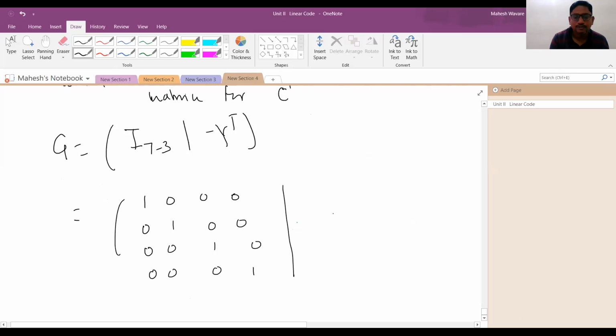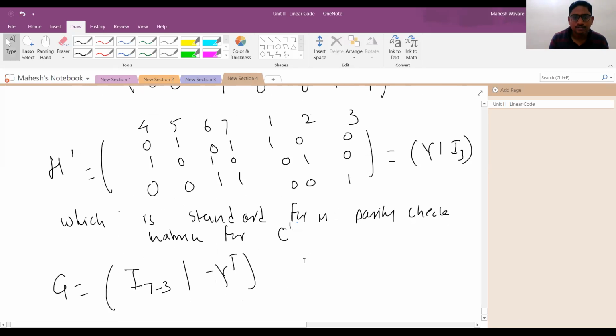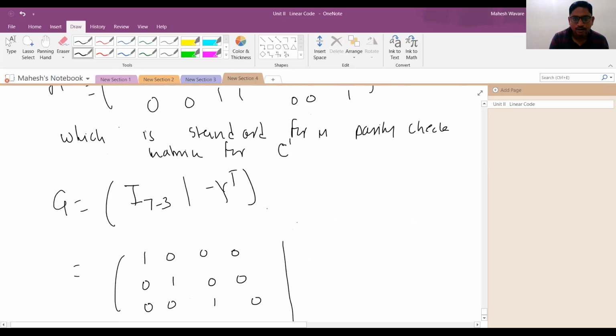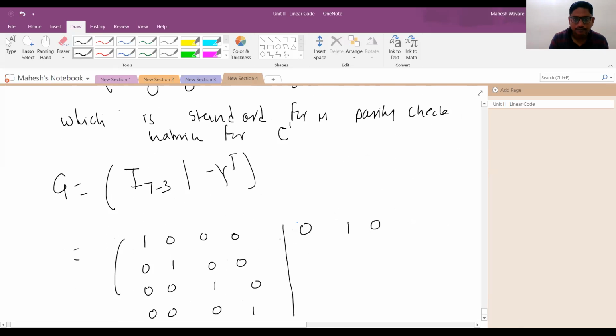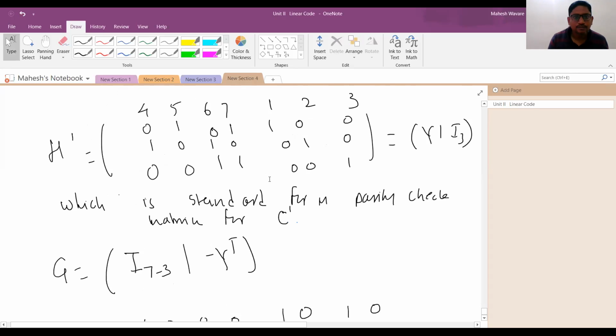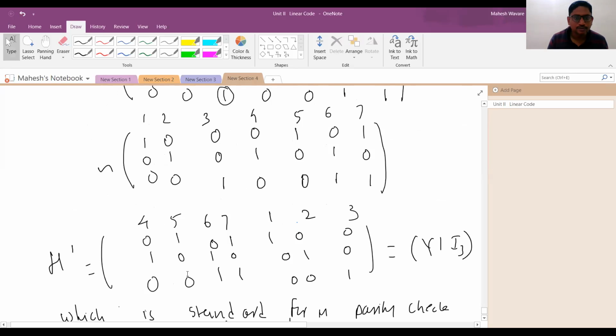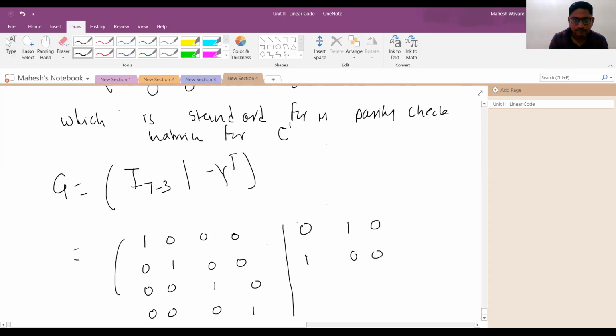So this is I4, and each row you write as a column. The first column of H dash is 0, 1, 0. Second, it is 1, 0, 0. Third, it is 0, 1, 1.